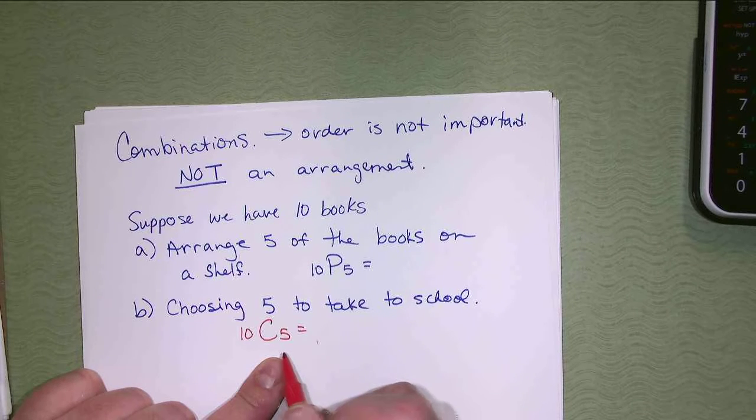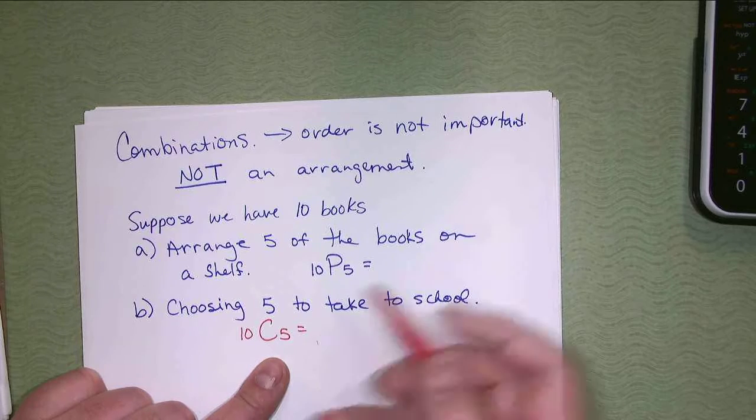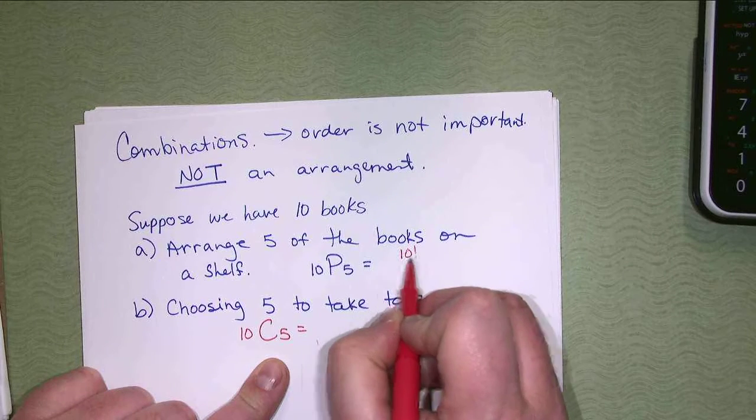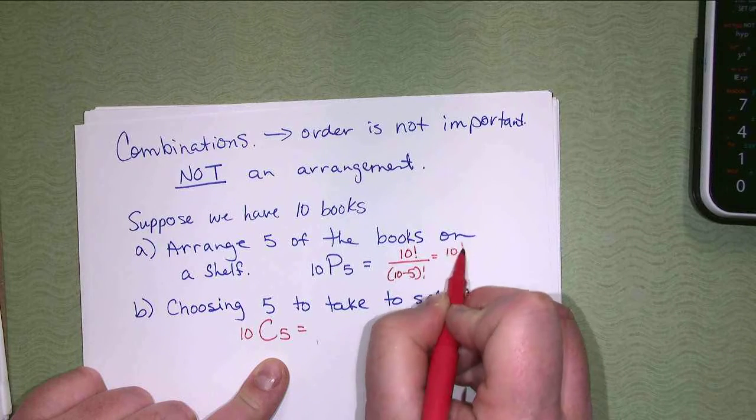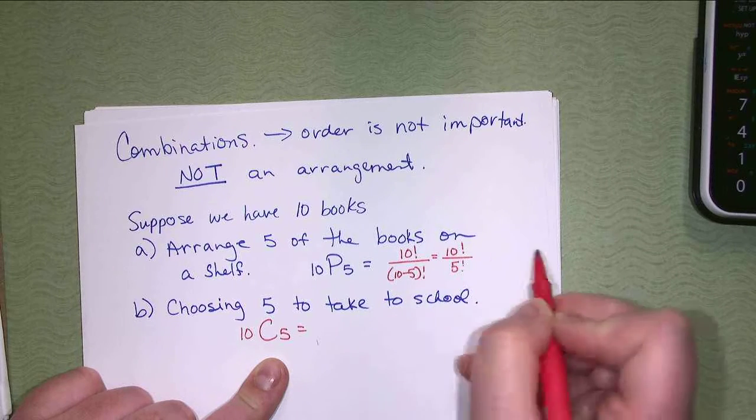It's like the indistinguishable permutations by however many you pick. We're picking 5 items and we want to divide it out by 5 factorial. So this is like 10 factorial divided by 10 minus 5 factorial. Okay.